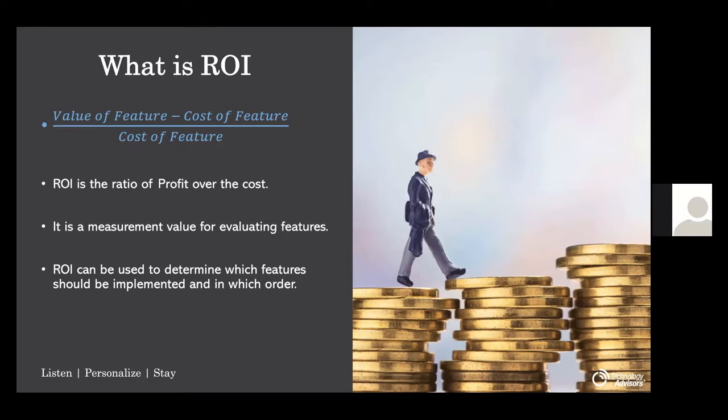So it becomes a measuring stick for measuring different features and which ones you should implement. And if you're using something called an Agile lean approach, you actually calculate ROI on every use case, and that decides what use cases should be done in which order.